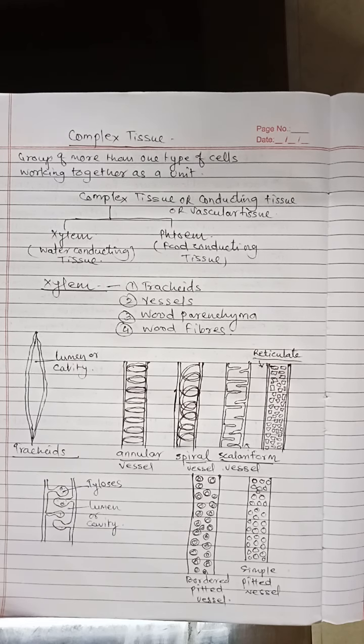In the functions of vessels, the vessels generally are few centimeters long, but in climbing plant and some trees, these are several meters long. The main function of vessels are water conduction and giving mechanical support to the plant body.